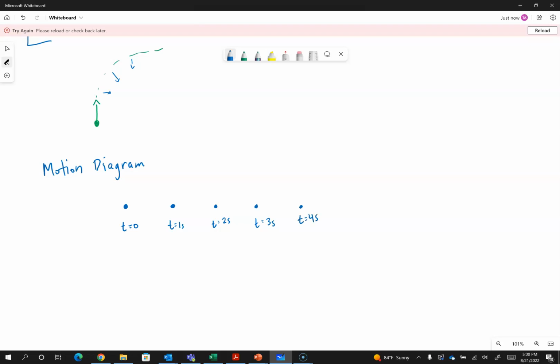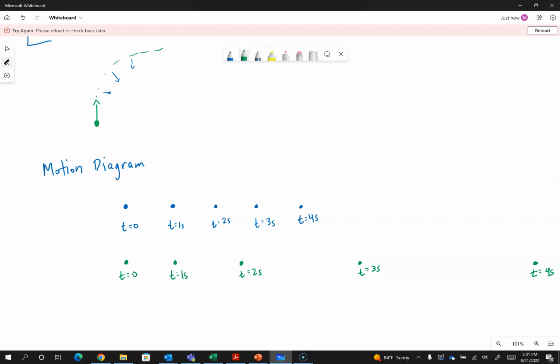We should be able to look at this situation versus starting with an object at t equals 0, and then having our object at t equals 1 second. But then t equals 2 seconds is over here, t equals 3 seconds is over here, t equals 4 seconds is at the other end of the screen.